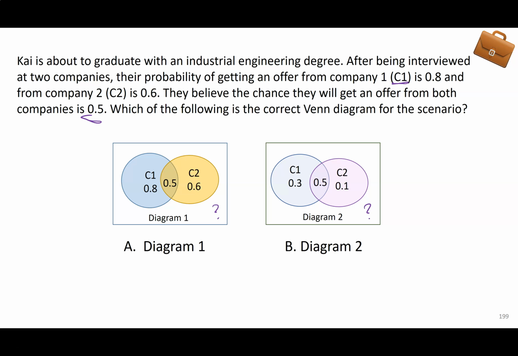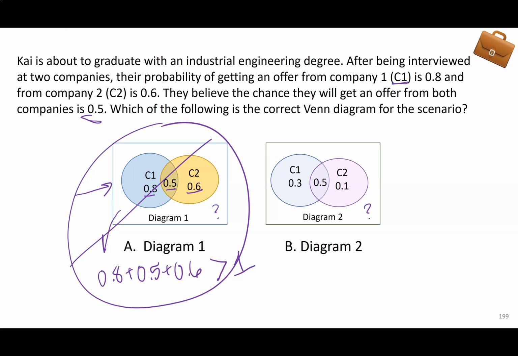It's never correct. So if you look at the first one, 0.8 plus 0.5, uh-oh, I've gone over 1. That's 1.3 plus 0.6, it can't be. So 0.8 plus 0.5 plus 0.6, that's greater than 1. So it can't be diagram 1.